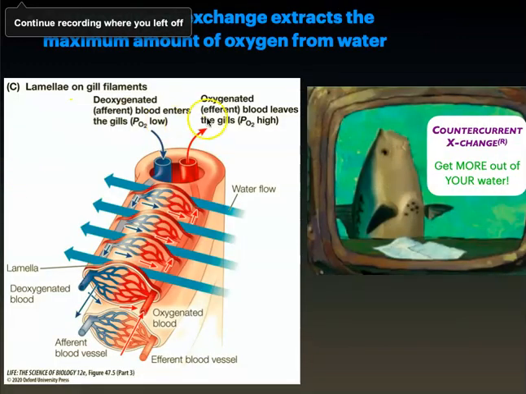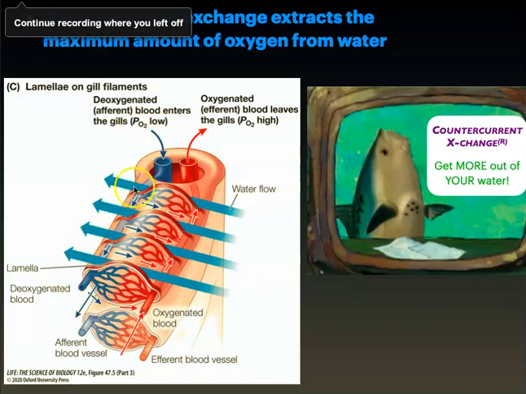So going back to this image, this is where the exchange is actually taking place for the most part, and it is set up this way for a reason. As we see, the blood that is coming in has already had the oxygen delivered to the tissue, so it's very low in oxygen. It's called deoxygenated blood, and it's entering the gills here.